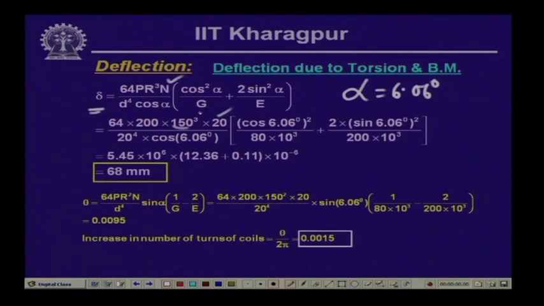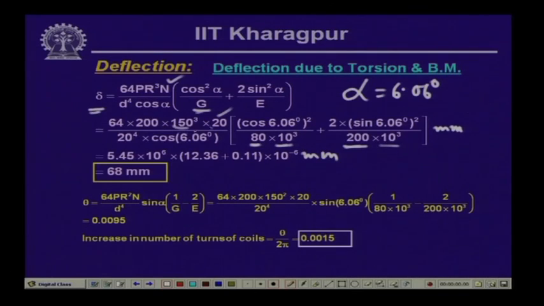G, the shear modulus, is 80 gigapascal, which is converted into megapascal, and E is 200 gigapascal, which is 200 into 10 to the power 3 megapascal. So that everything is in Newton and millimeter, and therefore this value of delta is in millimeter.